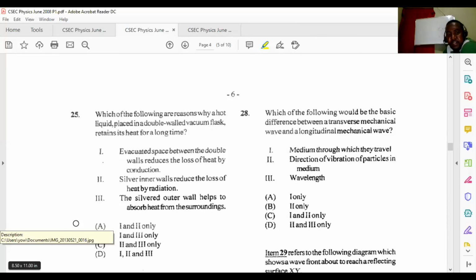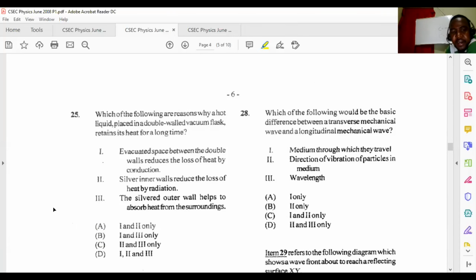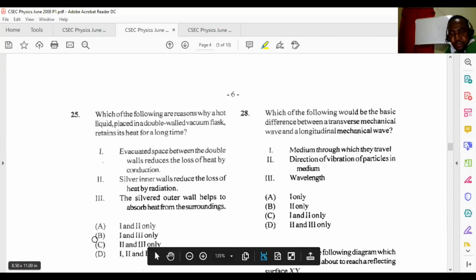All right, when the outer wall absorbs the heat, it wants to actually trap the heat inside the vacuum, so it keeps your liquid at a warm temperature. So it does not reduce it, but it actually enhances it. So we're going to use that scenario. Therefore, it's only 1 and 3 which will be correct, which is B.